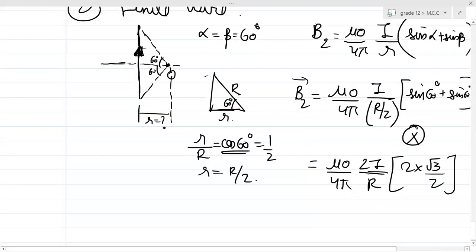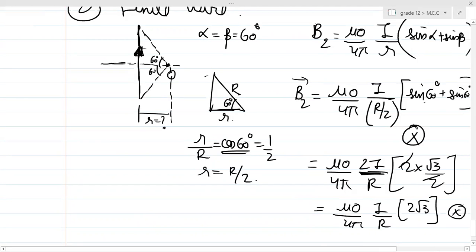Sine 60 plus sine 60 is twice of sine 60, so this 2 and this 2 will get cancelled. This will be mu naught by 4 pi into I by R into how much? 2 root 3, right? Yes or no?